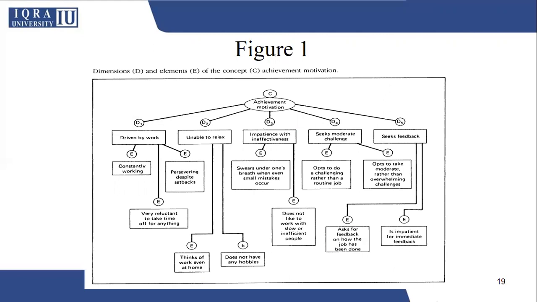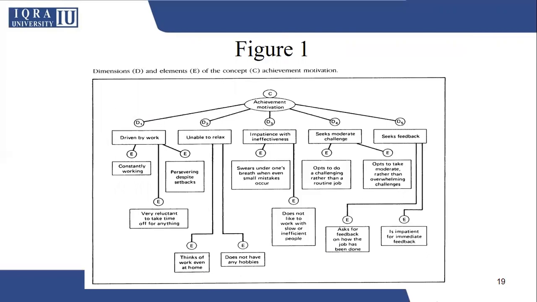However, this is subjective in nature. So for that, you are operationalizing its definition and breaking this concept into 5 different dimensions. Dimension 1 was driven by work, dimension 2, unable to relax, impatient with ineffectiveness, and so on. But still, these 5 dimensions had an abstract notion in them. They were not fully operationalized.